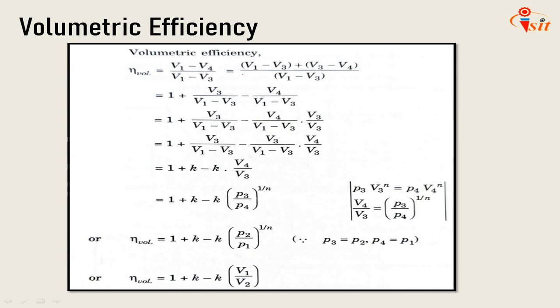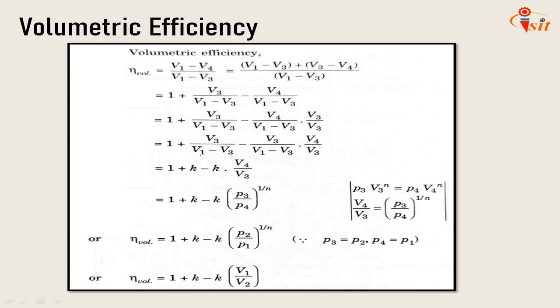So we'll simplify it: V1 minus V3 plus V3 minus V4, divided by V1 minus V3. So 1 plus V3 by V1 minus V3, minus V4 divided by V1 minus V3. We are multiplying by V3 and dividing by V3.